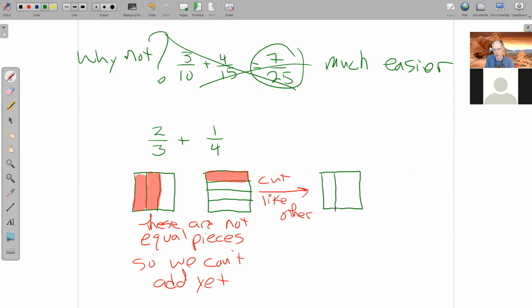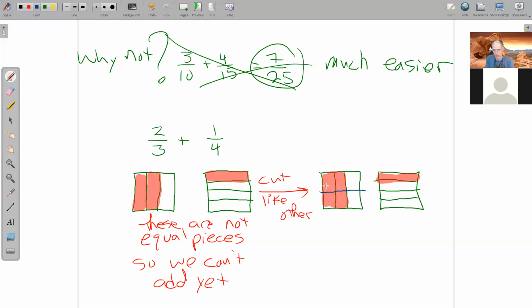So I had my thirds and I had my fourths. And I use a different color to cut. Let's use blue.